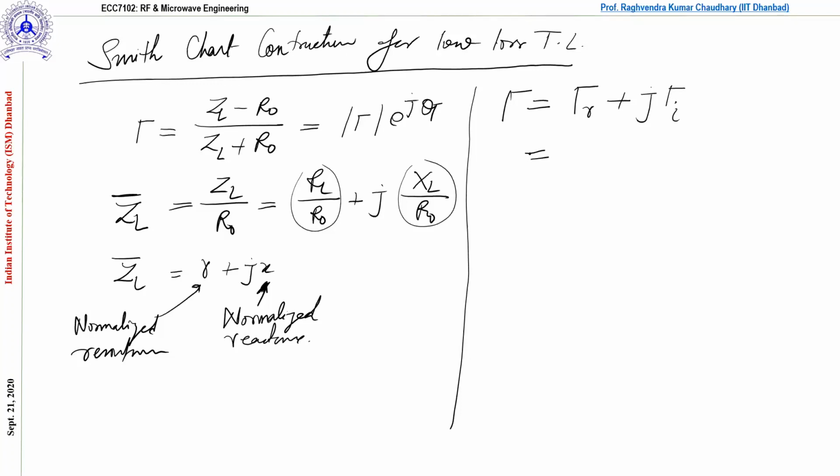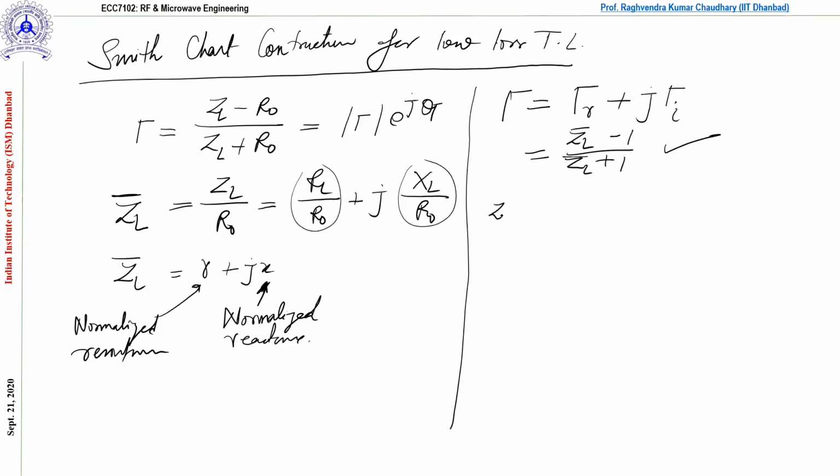Normalized, because we are dealing with the normalized one, it is better to write like this: (ZL bar minus 1) over (ZL bar plus 1). So we are normalized with respect to R naught, which is the characteristic impedance of the line. This is the voltage reflection coefficient at the load side. Remember, this is the voltage reflection coefficient at the load side.